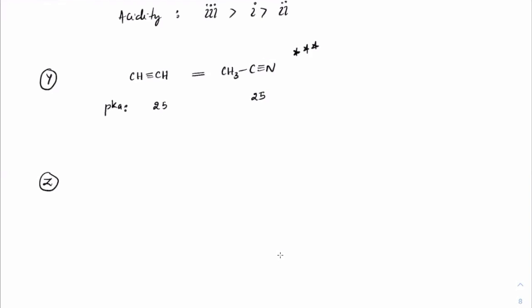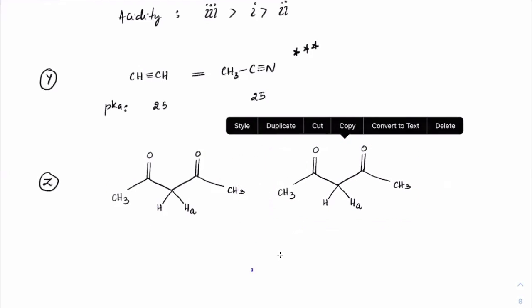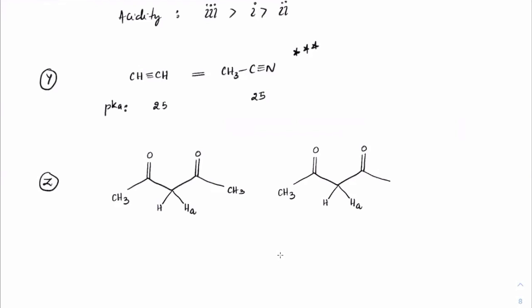Now the last one. If we have diesters, or in case we have diketones, how do we compare that? Suppose you have double bond O here, there is a methyl group on this side, a methyl group here, and there are two hydrogens here. Let me call one of them the acidic hydrogen. One more is also a hydrogen. Same kind of structure here, except that this side we have OEt.